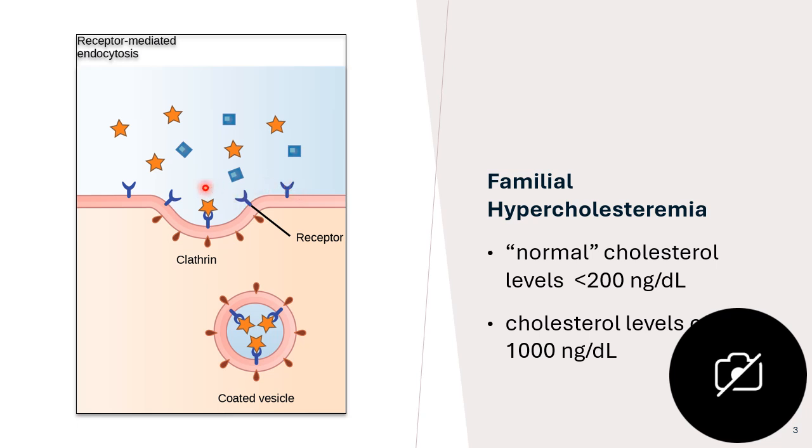And so they can't bind our lipoproteins and bring them inside the cell for the cell to use that cholesterol. This allows the cholesterol in those lipoproteins to stay in a person's blood, which gives them extremely high cholesterol levels. Now, this is just one example of a fault with the plasma membrane and those receptor proteins embedded in that plasma membrane.